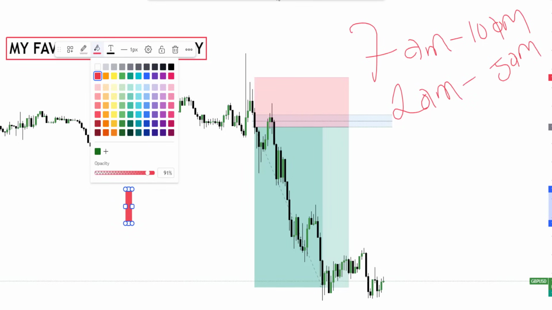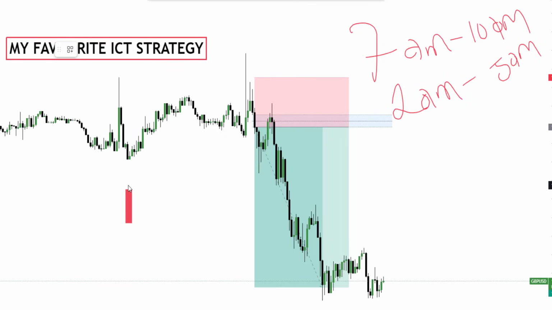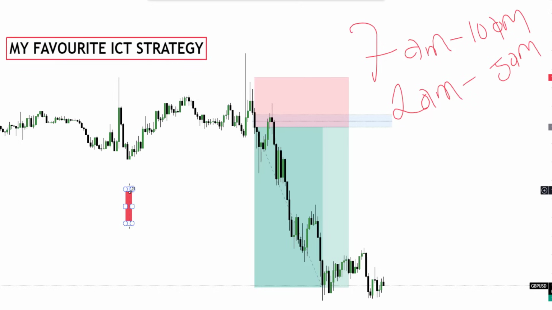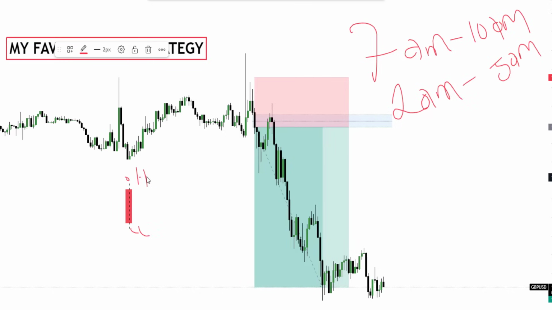Price opened here and created the high right there above here, and it pushed down, closing here after making the low here. This is the low, this is the high, this is the open, this is the close.